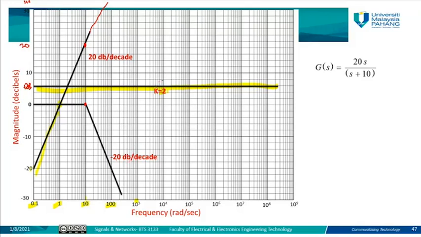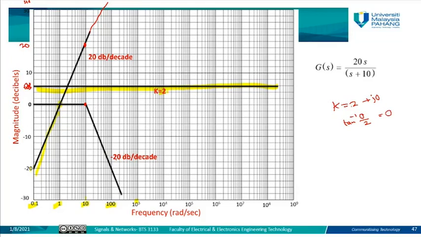We already said before that if you have a gain, your angle will be 0 because the gain is a real number. So if k equals 2, what is the angle of 2? It is tan inverse of 0 over 2 because the imaginary part is equal to 0, and 0 over 2 gives you 0. That means the angle for k will be 0.